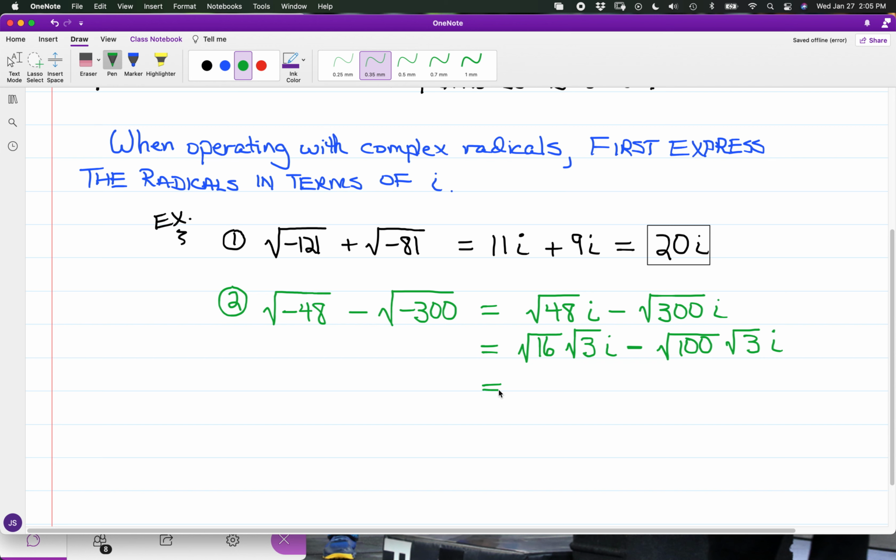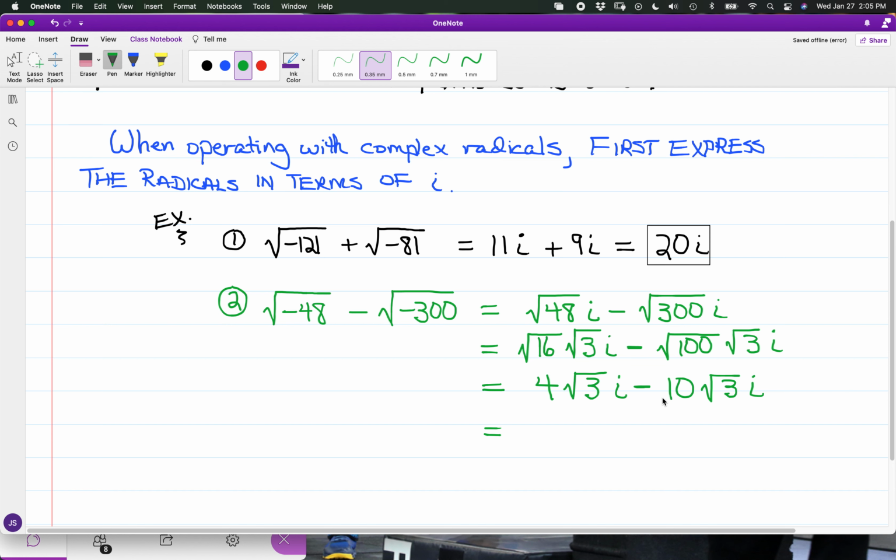And in the reduction, the square root of 16 is 4, and we have times the square root of 3i. Then we have minus. Now the square root of 100 is 10, and we have times the square root of 3i. Now with these terms, we have the same number inside the radical, so these are like terms where they both have the square root of 3 and i.